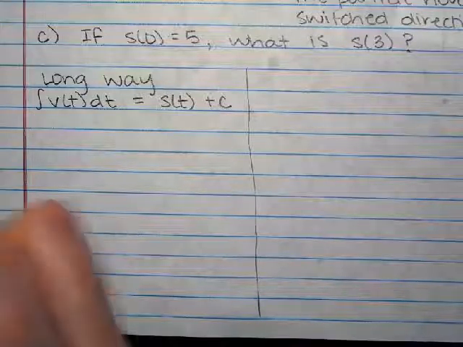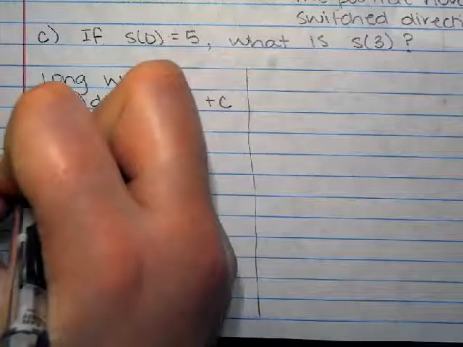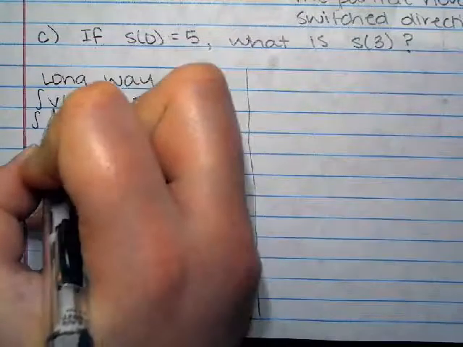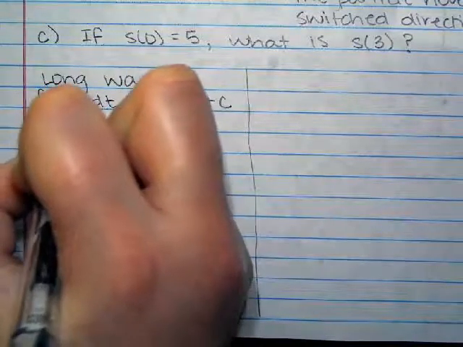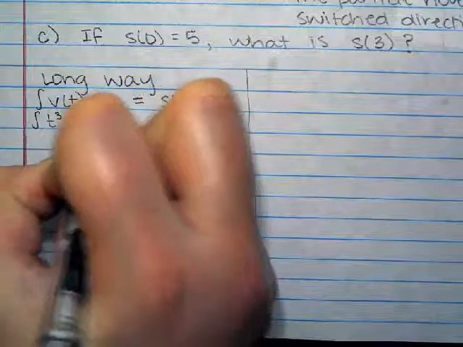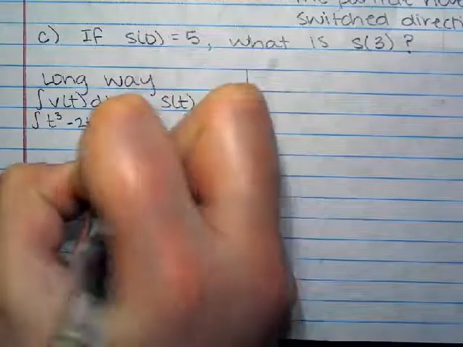So for this particular problem, we have the integral of t to the third minus 2t squared plus 4 dt.